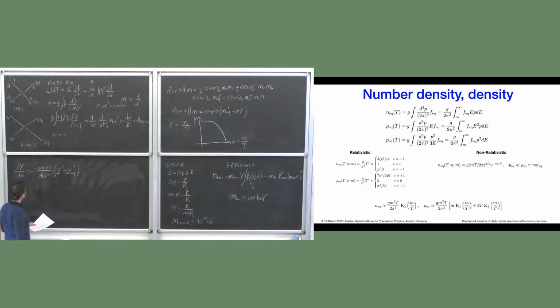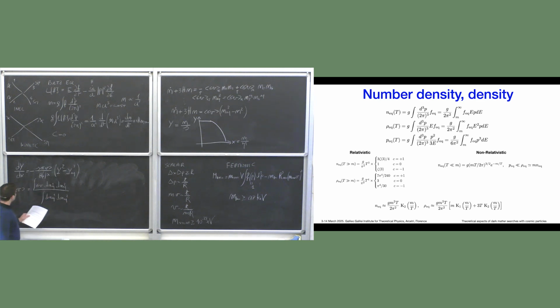Okay? Where the sigma v, thermally averaged cross-section, is a cross-section that follows the temperature evolution. So if you write this in a general way, this should be calculated as follows. But then, fortunately, there are simplified equations using Bessel functions.